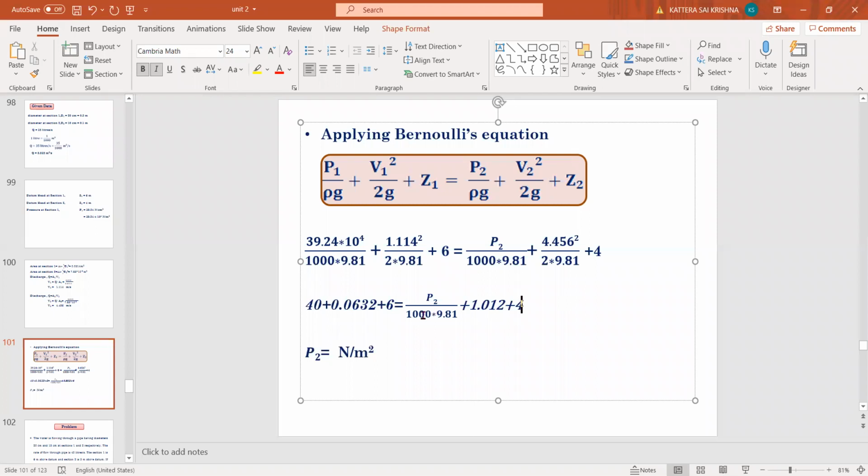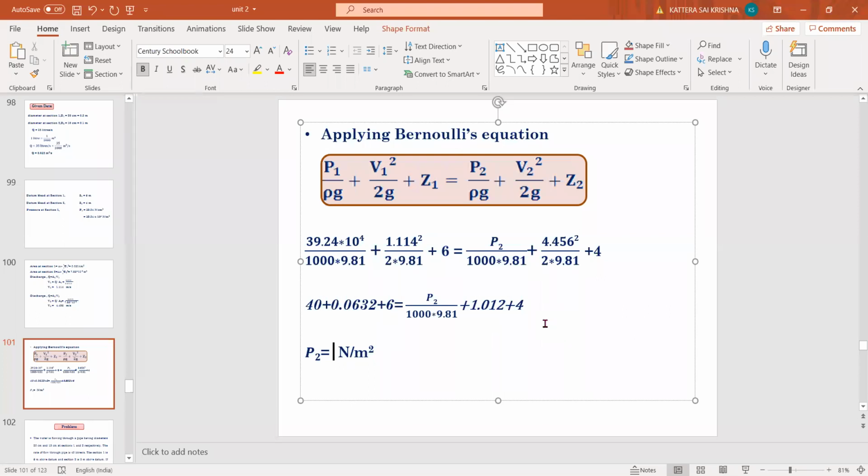Then finally you multiply this with 1000 into 9.81. You get your P2 value. You'll get a big value, around 5 to 6 digits.